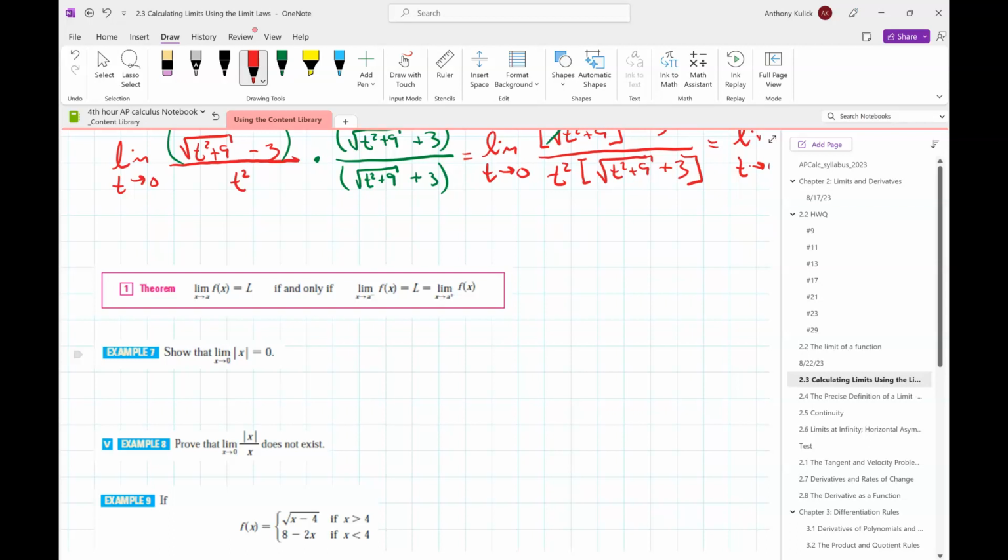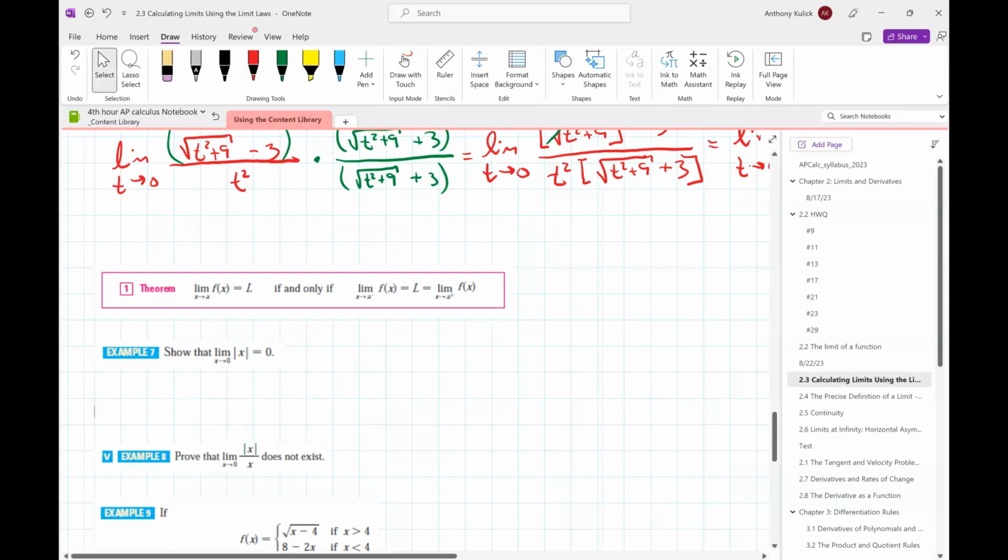No. The reason I cannot is the function is not a polynomial or a rational function. This is an absolute value function. So direct substitution is not applicable here the way it's currently written.